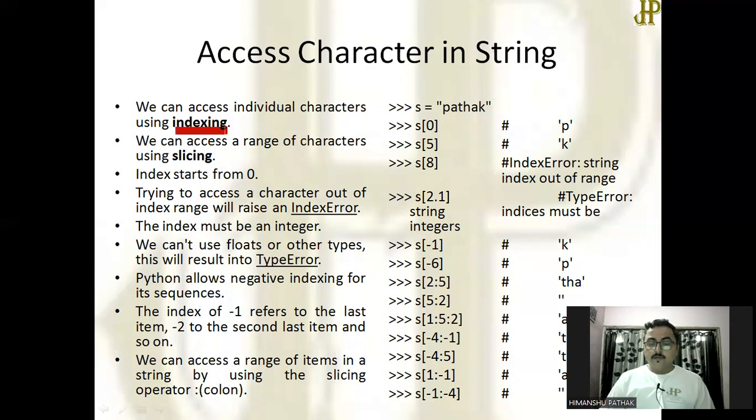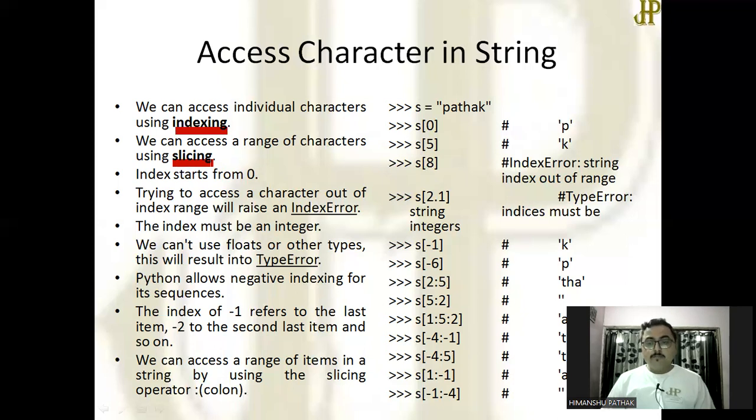Indexing starts with 0 and goes up to the length minus 1. Clear? We can access a range of characters using slicing. We already learned about the colon. So the starting value and the ending value will be given, and the substring can be sliced from the string.